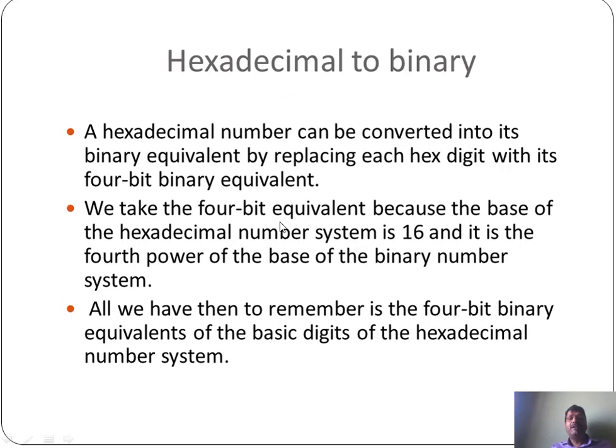So we take the 4-bit equivalent because the base of the hex system is 16, which is the 4th power of the base of the binary number system. So we have to remember only the 4-bit binary equivalents of the basic digits of the hexadecimal number system. For example, for 0 it is 0000. For 10, that is A, 1010. For F it is 1111, and likewise.